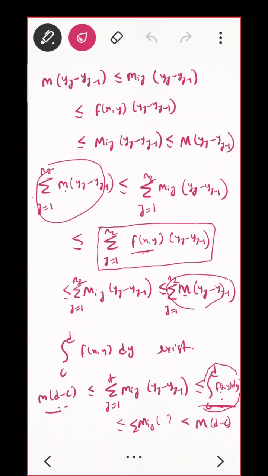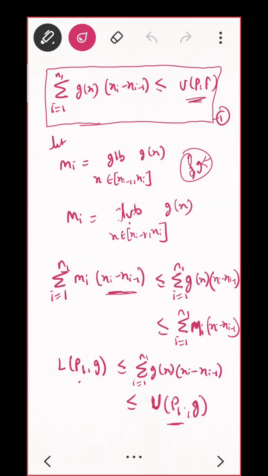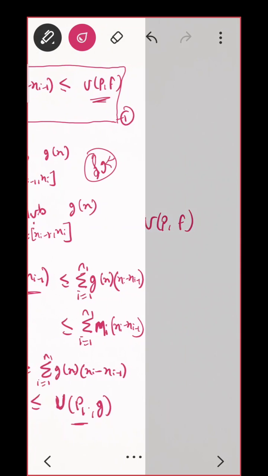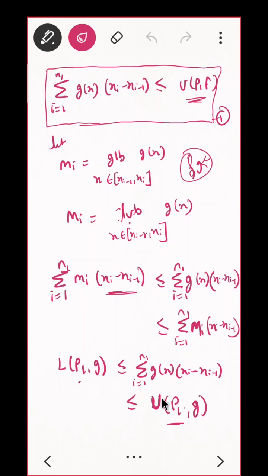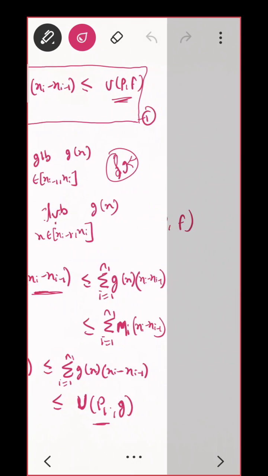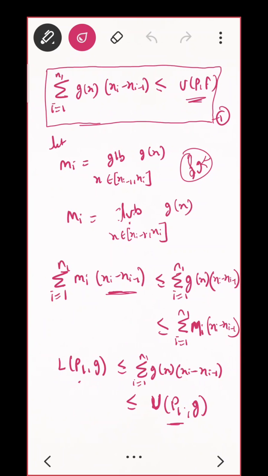But here what am I doing? I am taking the LUB of g of x only. So in short, the claim is this. Let me write it here: UP1g is less than or equal to UPF. That is what my claim is. Do you see that? This is UPF and this is UP1g. Can we prove that? I think we have already proved it, we just need to see properly.